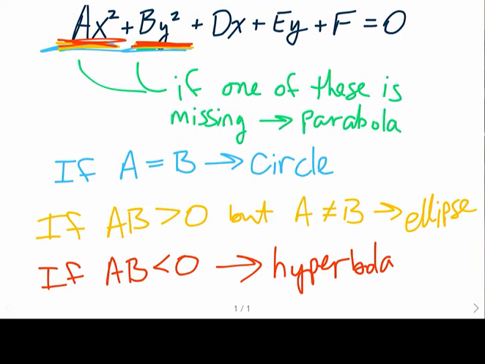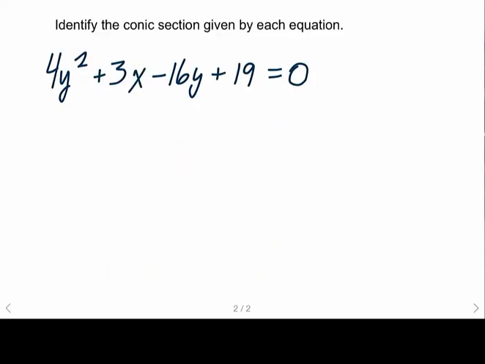Let's identify conic sections given by various equations. Our first customer, 4y squared plus 3x minus 16y plus 19 is equal to 0. I notice that I have a y squared term. Check. I notice I don't have an x squared term. That means we have a parabola. Yeah, you can tell the equation of a parabola that directly.